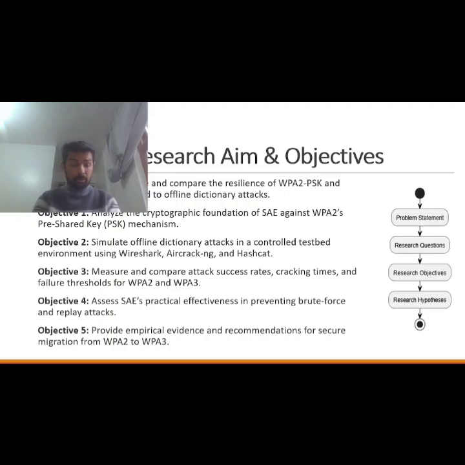Objective four is to test how SAE can stop offline dictionary attacks. Objective five is to use the test results to give practical advice and recommendations to move from WPA2 to WPA3.